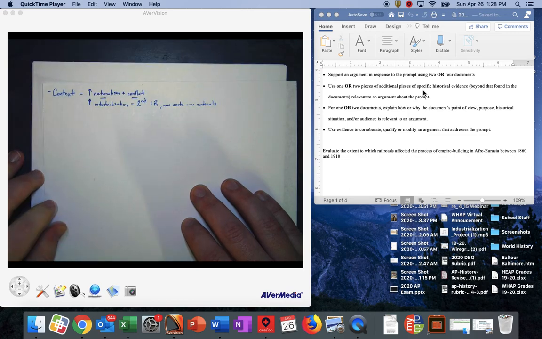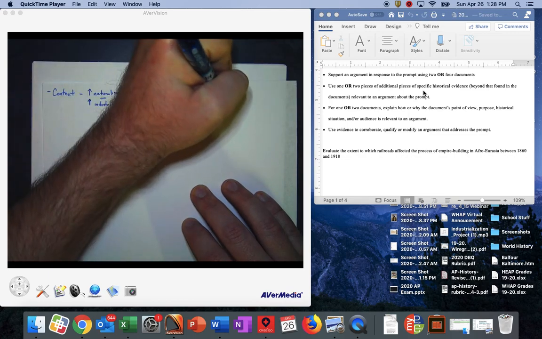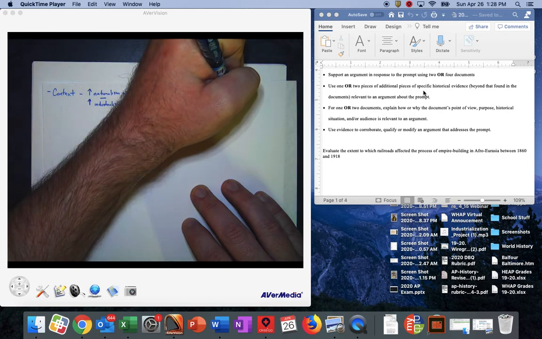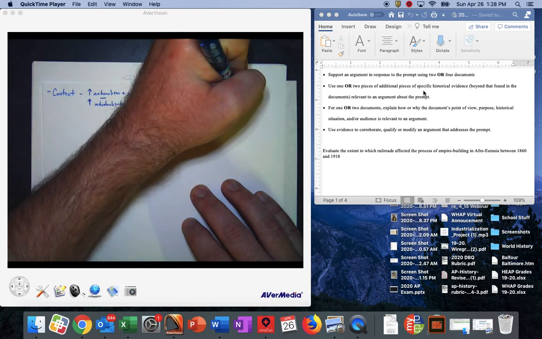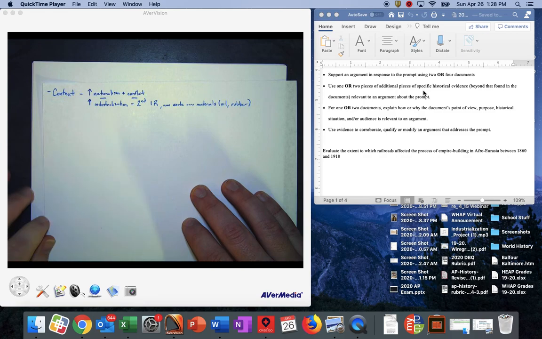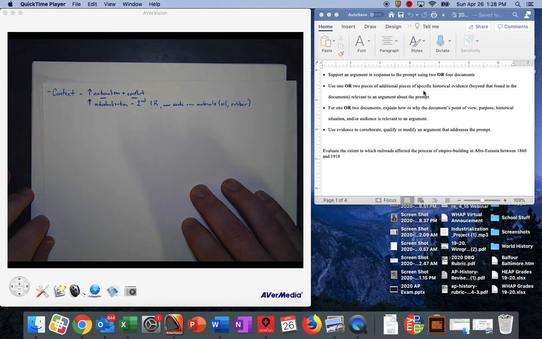Things like oil or rubber that you just can't find in Europe. You have to go to places like Africa or Southeast Asia to find these things. So this is the context.